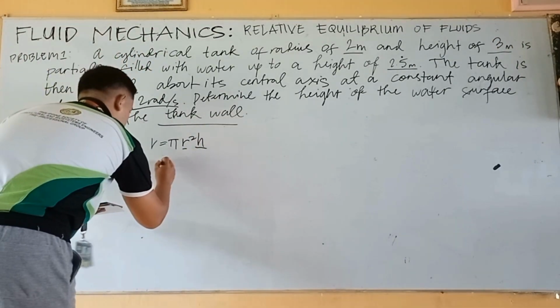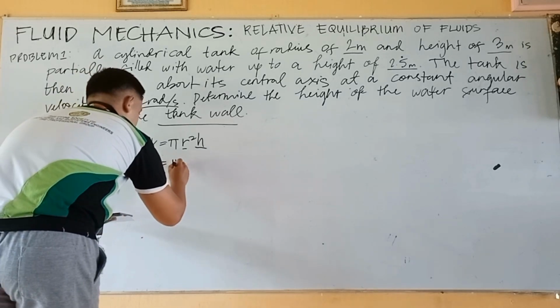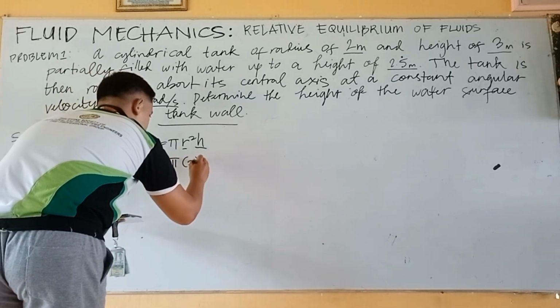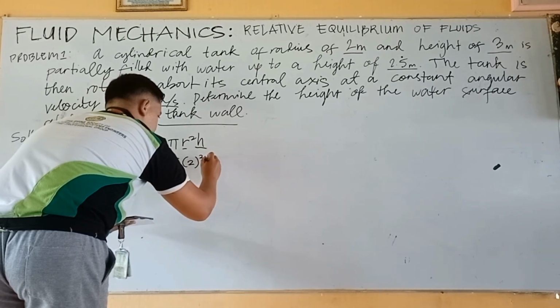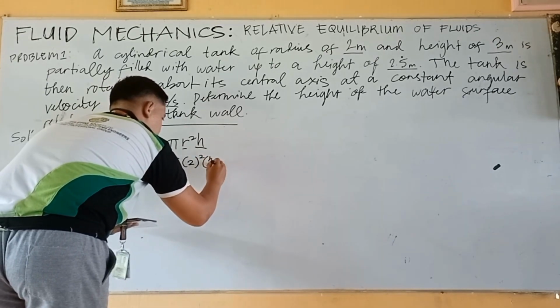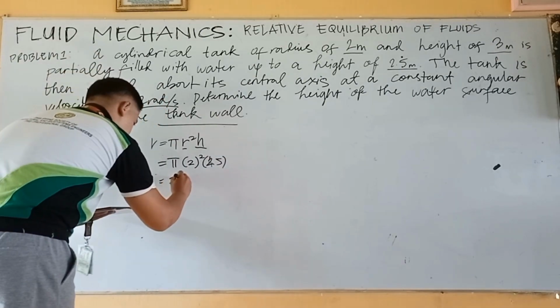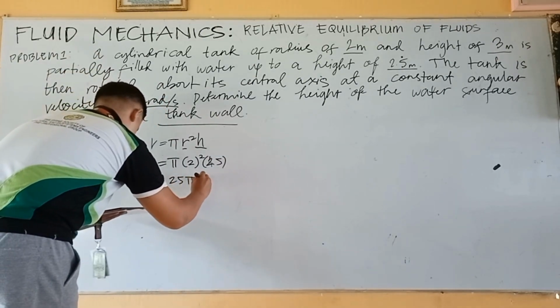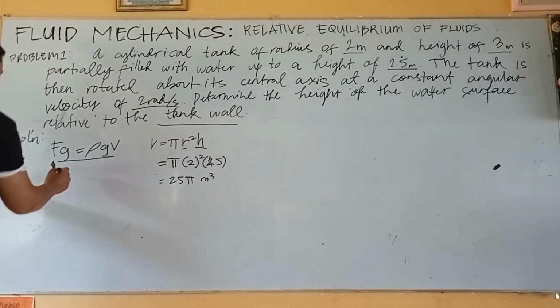So the volume of the water is pi times 2 squared times the height of 2.5 meters, which is 25 pi cubic meters. Proceed to this formula.